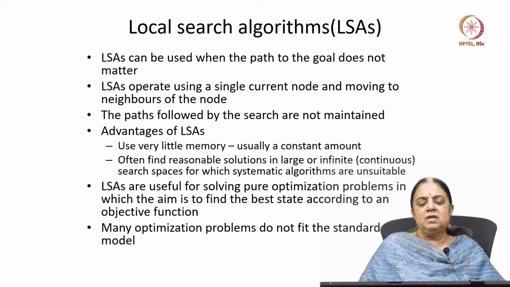For example, if you have the xy coordinate of a point, you could move the x and y coordinate, or one of them, by some epsilon, some small distance, and then we can call that a neighbor.